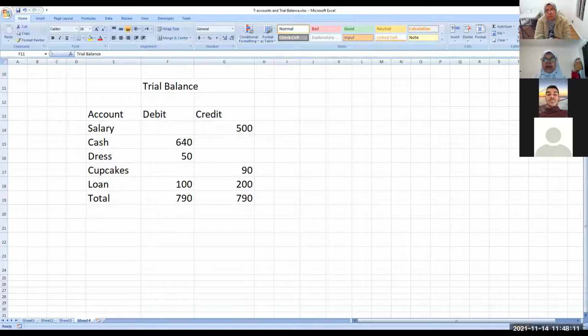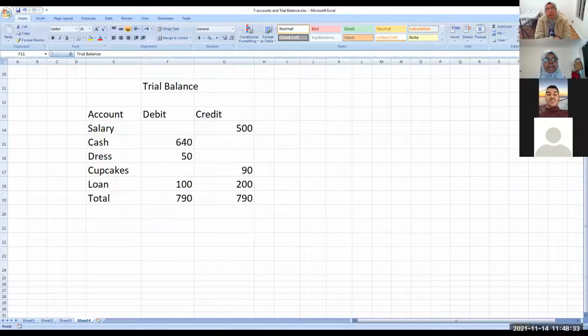We can do this if we are in a very big hurry and very adept with the transactions. When you are experts, then you can do this. So T accounts are not a must every time to reach the trial balance. No, they are not.